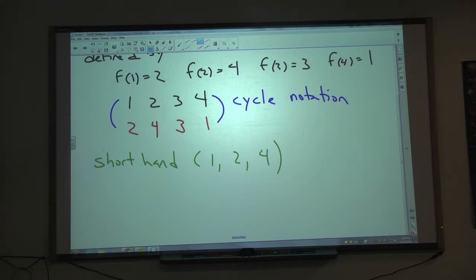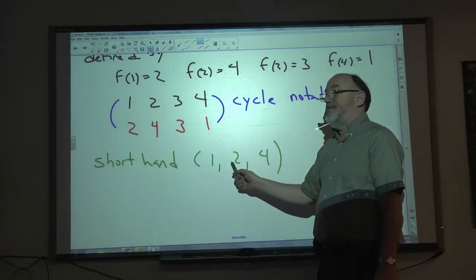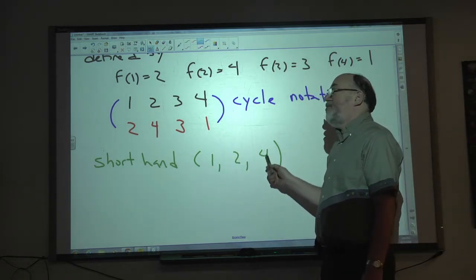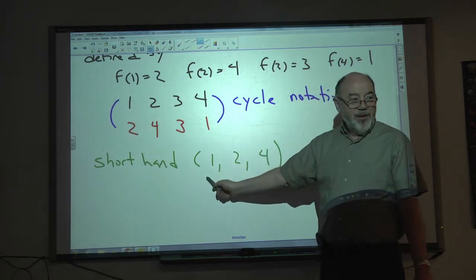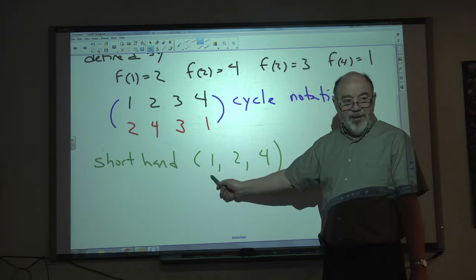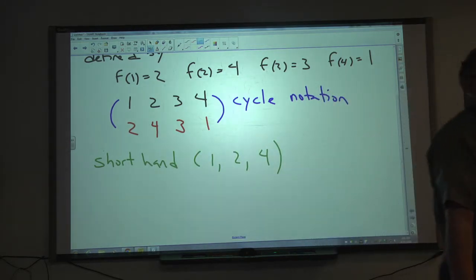If a number corresponds to itself, so the 3 went to 3, it doesn't show up in this. So what this tells you is that 1 goes to 2, 2 goes to 4, and then the 4 goes back to the 1, which is what we had up here. So I can write it in just one line instead of a couple.